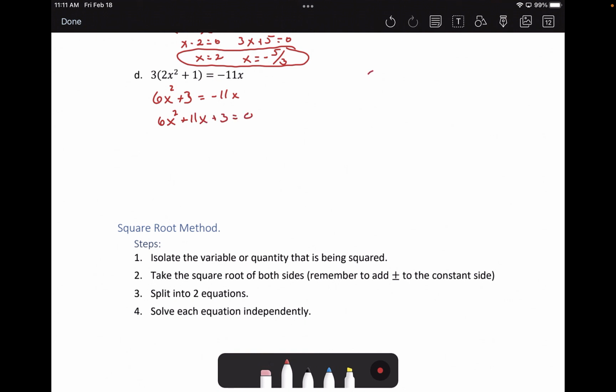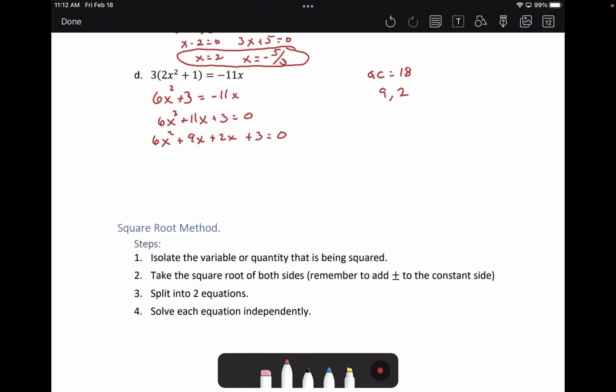Again, here we'll use the AC method since a is not 1. A times c is 18. Two numbers that multiply to 18 and add to 11 are 9 and 2. So rewriting that equation, 6x squared plus 9x plus 2x plus 3 equals 0.